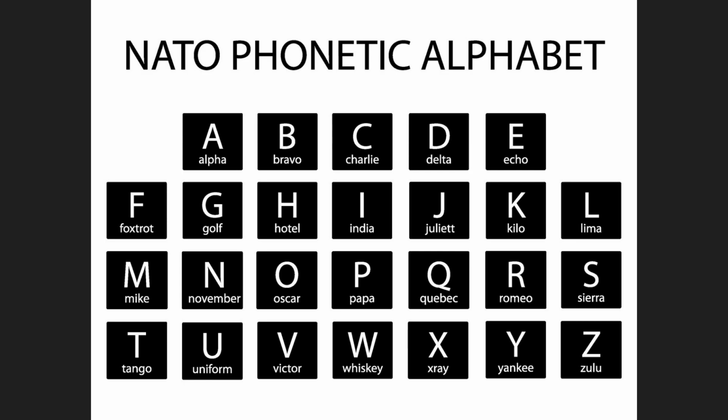B for Bravo, C for Charlie, D for Delta, E for Echo, and you have to at least memorize it. It appears at least once. If you are familiar with this, you will immediately know which one is correct.